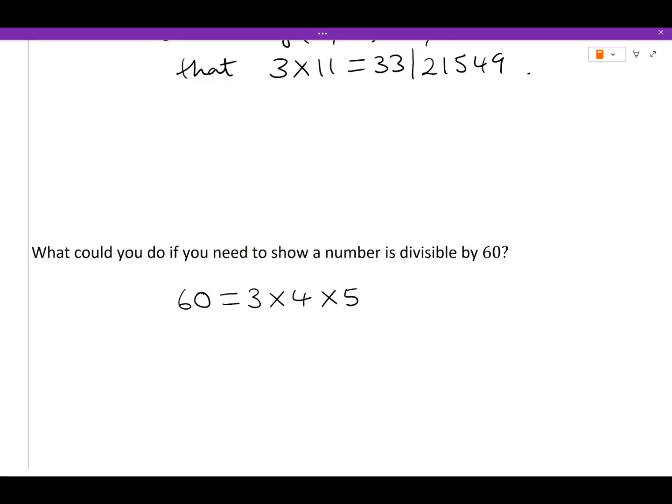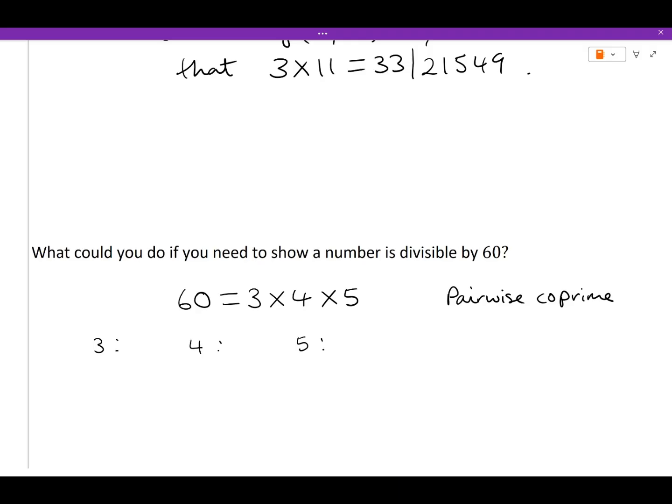Then what you'd need to do is do the individual divisibility checks for 3, for 4, and for 5. The reason why, once we've established they're factors, we'd be able to multiply them together is because 3, 4, and 5 are what we call pairwise co-prime.